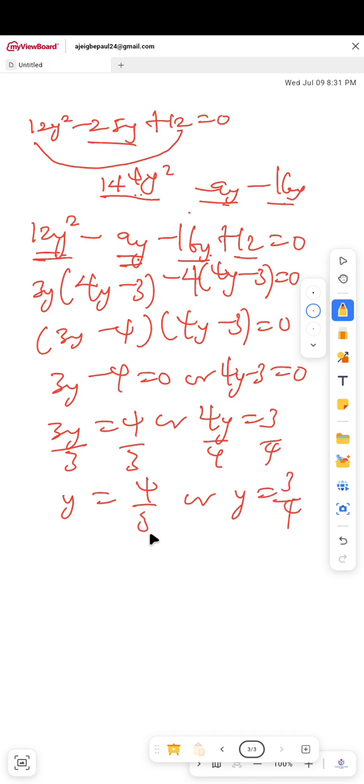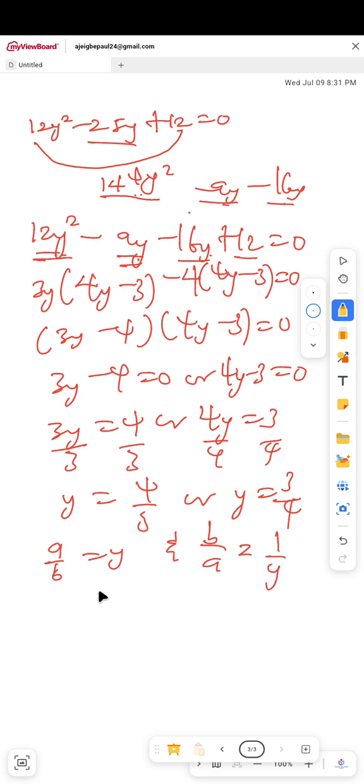But don't forget that a over b is equal to y and b over a is equal to 1 over y.